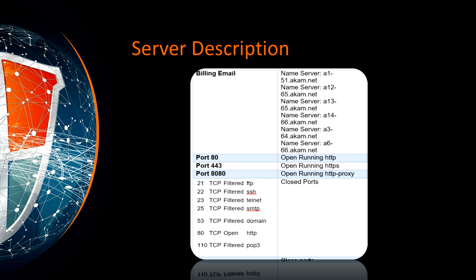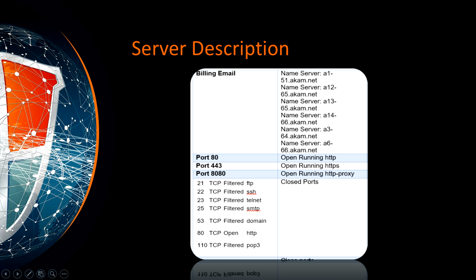Port 8080 is running an HTTP proxy server. This is a little confusing, because when I use different tools to scan the ports, sometimes ports are closed and sometimes they are open. At the time I conducted this scan, port 21, which hosts FTP, 22 SSH, 23 Telnet, 25 SMTP, 53 domain name server, 80 HTTP, and 1110 were closed.